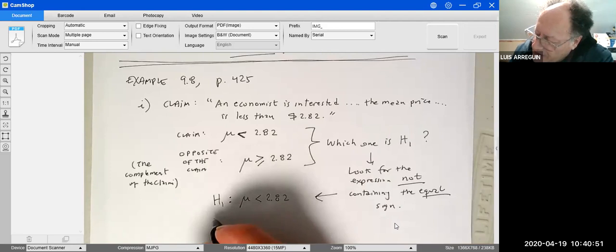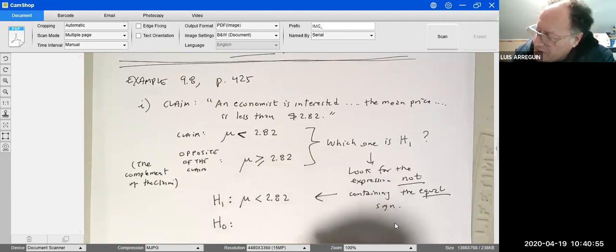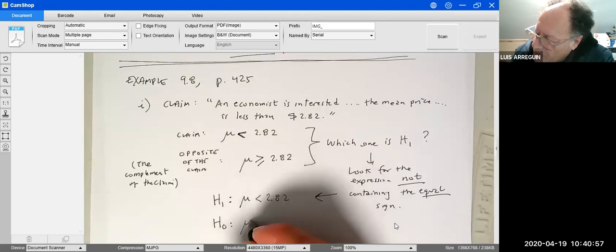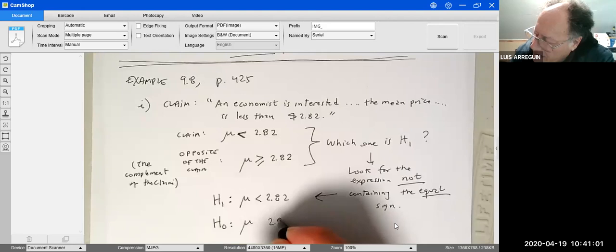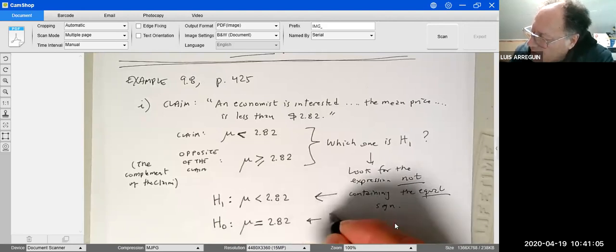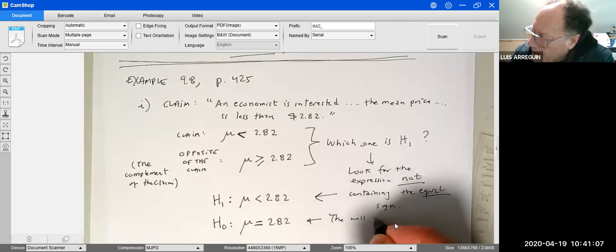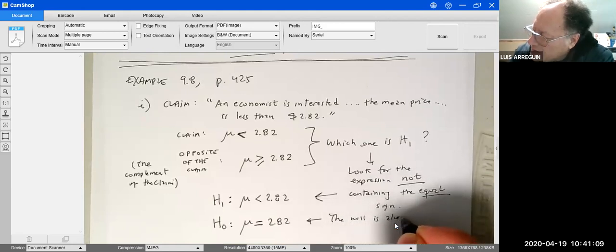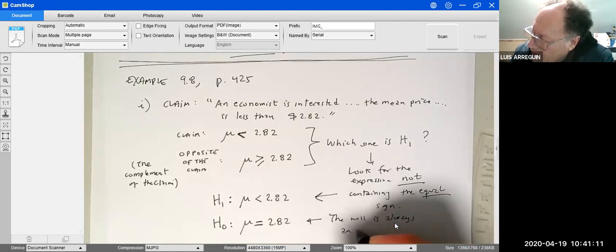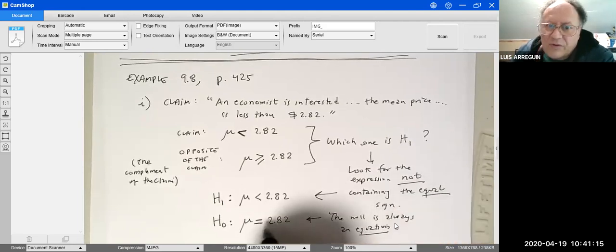Then you just write the null. The null is always an equation, so the null is going to be mu. You write the parameter, you write the number, and you write the equal sign. So it contains the equal sign.